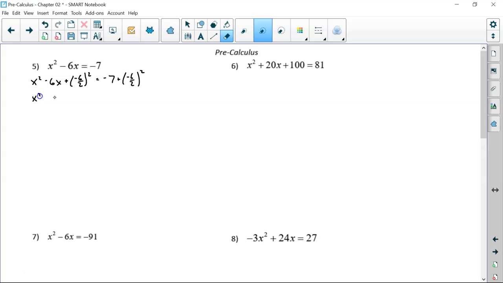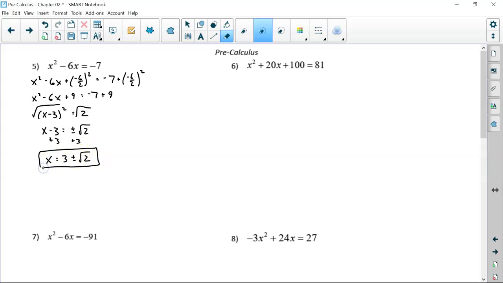So it gives me x squared minus 6x plus 9 equals negative 7 plus 9. When we factor the left-hand side, it's a nice perfect square trinomial. It's x minus 3 squared, and that equals 2. Take the square root of both sides. X minus 3 equals plus or minus the square root of 2. Add 3 to both sides. Our solutions are x equals 3 plus or minus the square root of 2. And there's our two solutions.